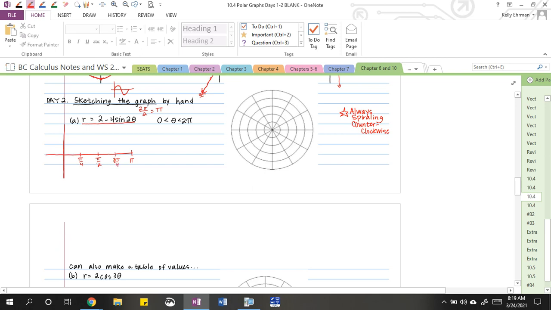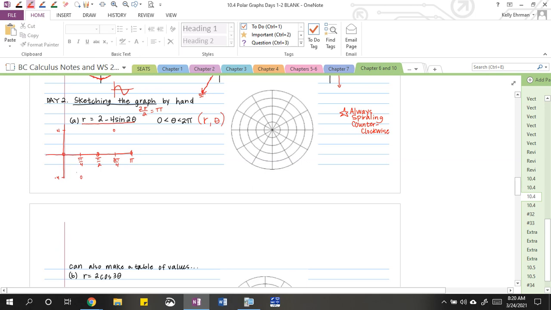I want to label all of these because when I'm plotting polar coordinates, I'm plotting r, theta. So I need to know which angle am I facing and how many units am I walking forward or backward. So this is a -4 sine graph, and then it goes through. I always have to sketch kind of the ghost points for myself. So I'm going to call this -4, and that's 4. Before I shift it up 2, the graph would start at 0, 0, and then go down to -4, 0, 4, 0.